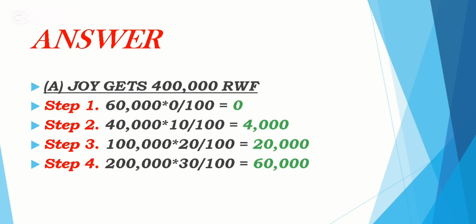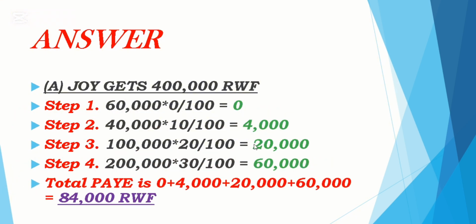So from there, when we complete all of those steps, we need to calculate the total tax to be paid, the total professional income tax to be paid by Inyange Industry, but for Joy. So it is 0, you can see, plus 4,000, you can see, plus 20,000 plus 60,000, which is 84,000.